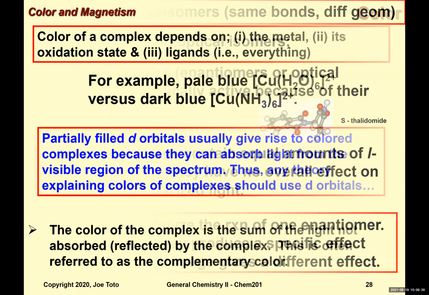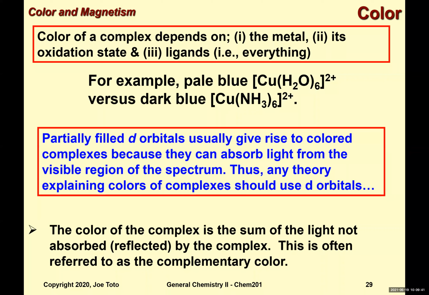Okay. All right. Now, this is kind of the last important bit in this chapter, where we take a look at an electronic structure theory called crystal field theory, and apply that in understanding, or better understanding, the color and the magnetic properties of these coordinate covalent compounds.